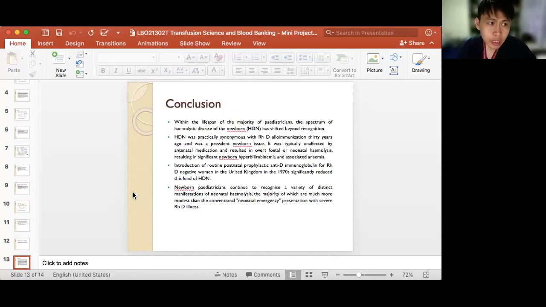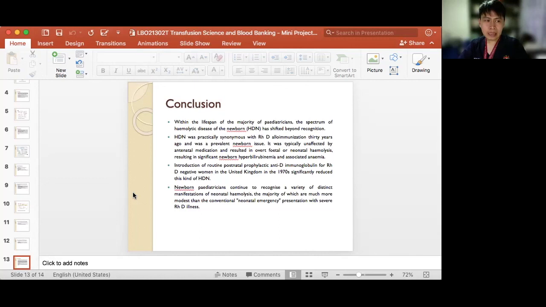In conclusion, within the lifespan of the majority of pediatricians, the spectrum of hemolytic disease of the newborn has shifted beyond recognition. HDN was practically synonymous with rhesus D alloimmunization 30 years ago, and was a prevalent newborn issue.